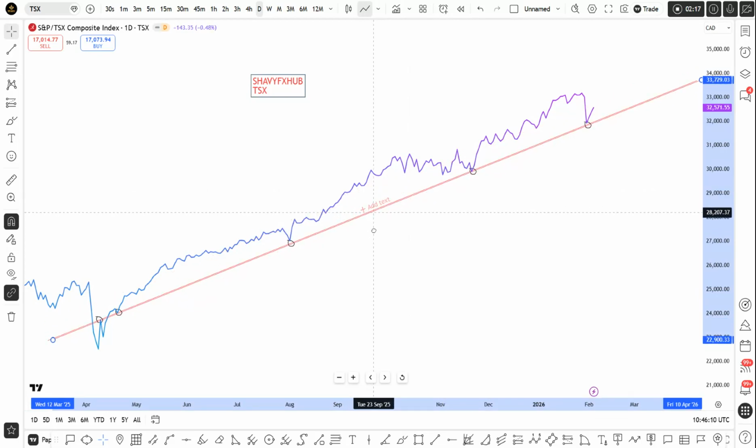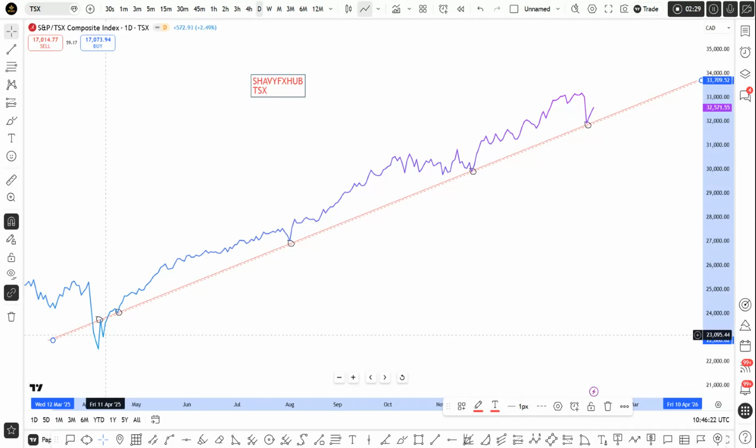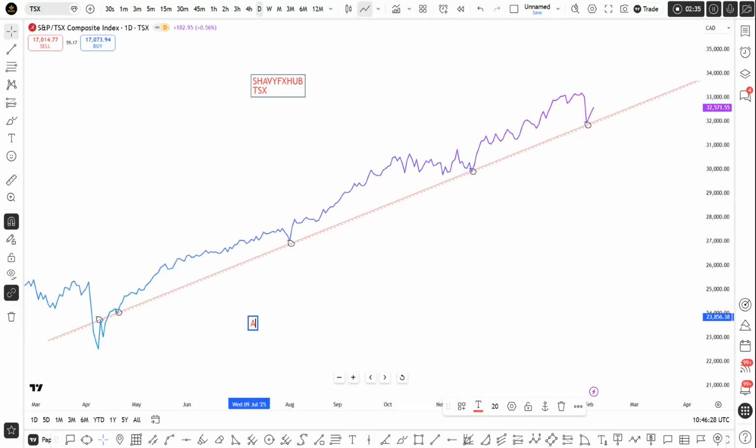Now, structurally, I want to see if we're going to get a reversal from the Canadian stock index listed on the Toronto Stock Exchange. It's been bullish since 2025 on one simple ascending trend line.